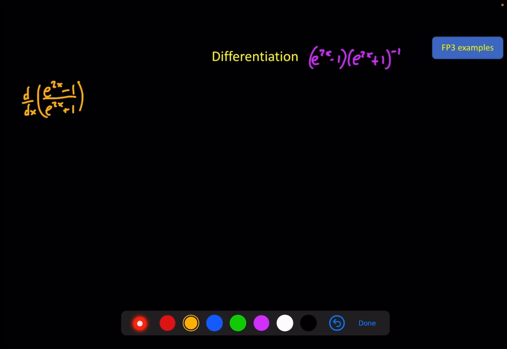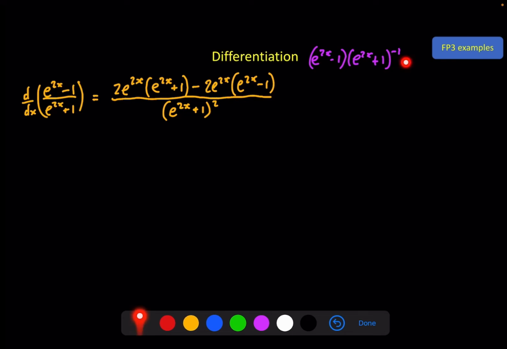I'm going to use the quotient rule, which is to take the derivative of the numerator, so that gives us 2e to the 2x, and the minus 1 differentiates away to 0, and then multiply it by the denominator, and then subtract the opposite, the derivative of the denominator multiplied by the numerator, and then divide all of that by the denominator function squared.